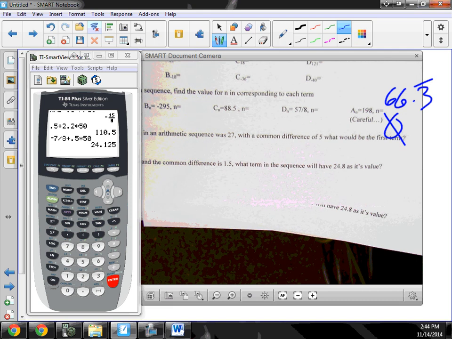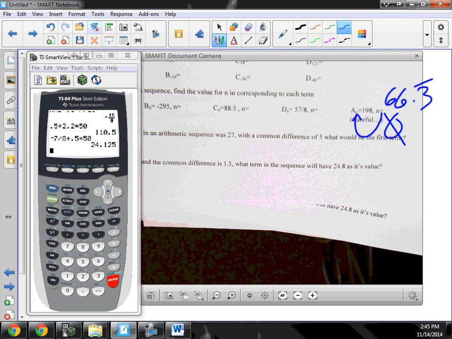No, you can't. So before we were making calculations of particular watermelons or something. You can't have a whole watermelon. But this one says which term gives me 198? What value for n gives me 198? There isn't one, because n has to be a natural number, right?